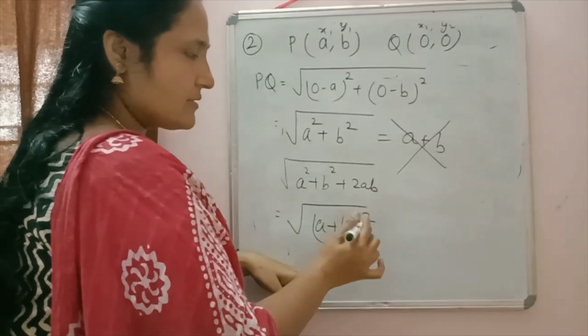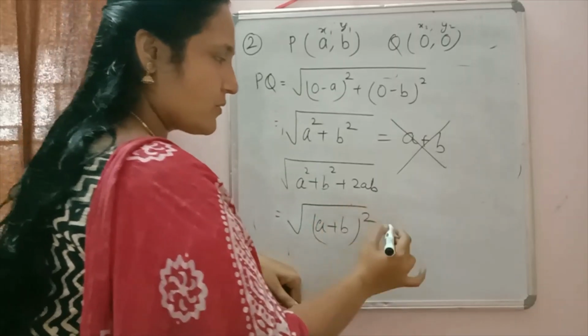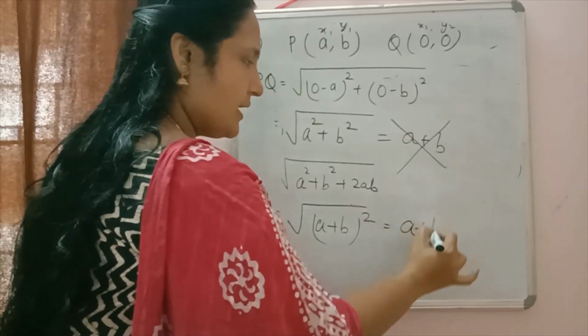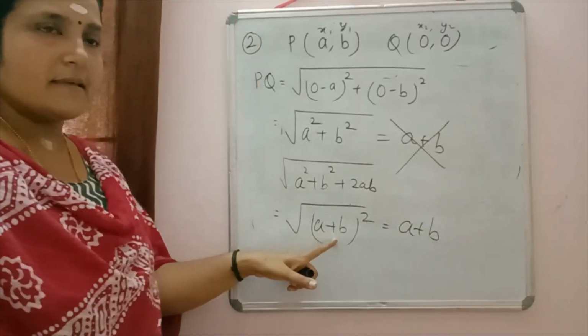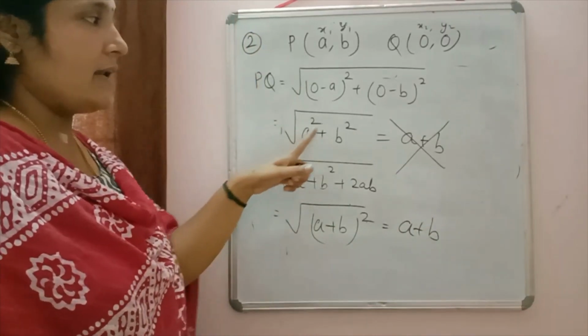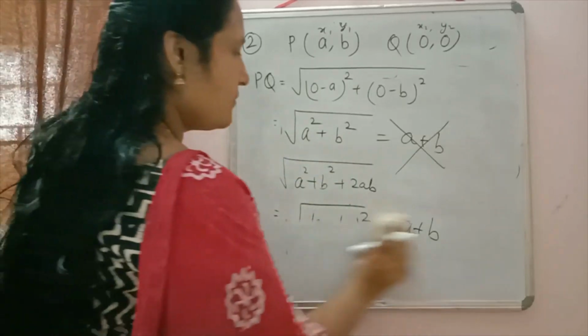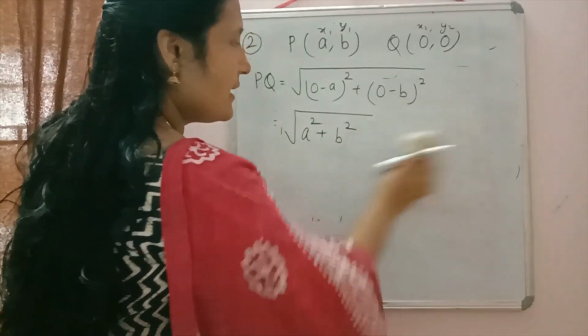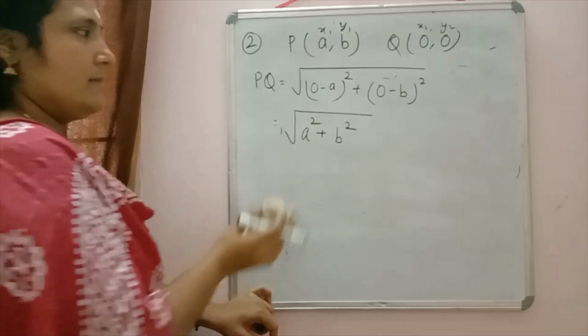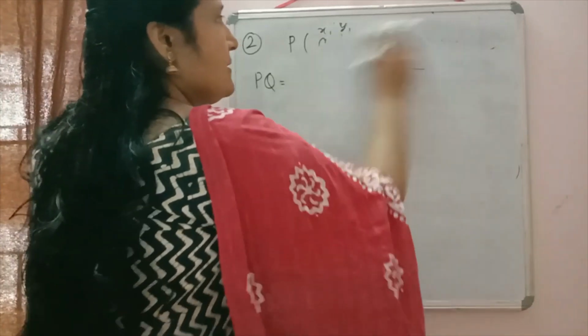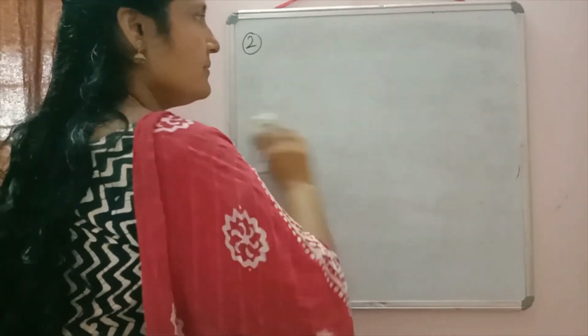Now we are getting a whole square, so square root and square will get cancelled, and you can rewrite it as a plus b. Not in this way if they are in addition there. So the answer will be equal to square root of a square plus b square. This question was asked once in the board examination also.